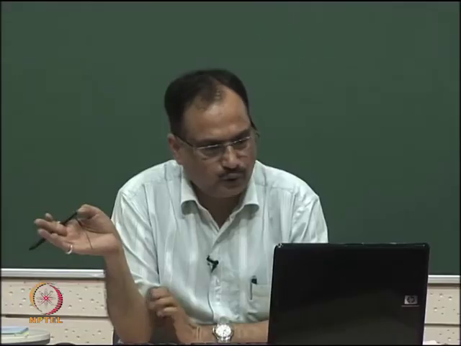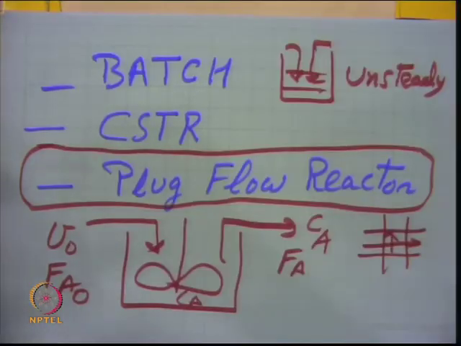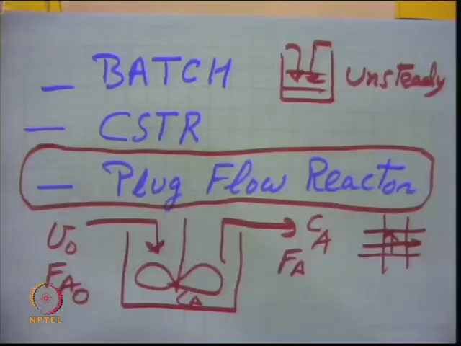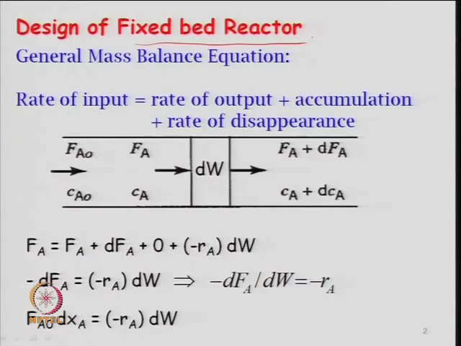So, details we will talk about later for the catalytic reactor design and the types of reactors used in the catalytic process industry, but here just the design aspect of a fixed bed reactor, which is a kind of tubular reactor, right. The basic idea I discussed last time is that input is equal to output plus accumulation plus rate of disappearance.